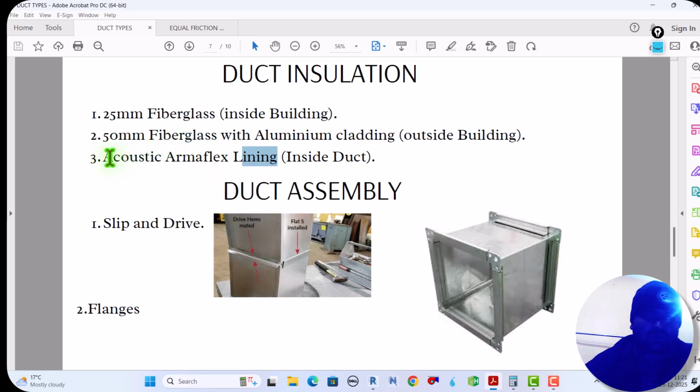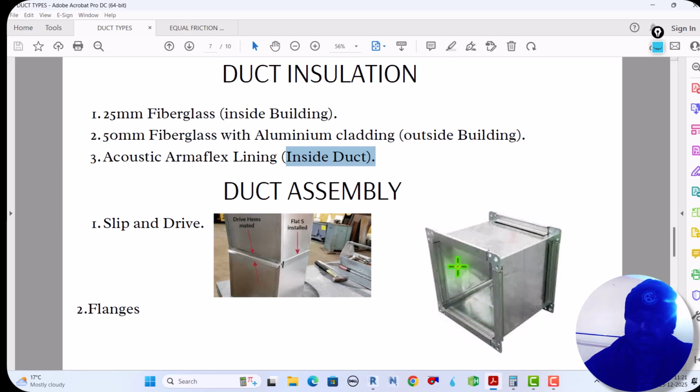That lining is called acoustic Armaflex lining, to avoid the noise inside the duct. This insulation is outside the duct, but this lining we give from the machine to 1.2 meters inside the duct.